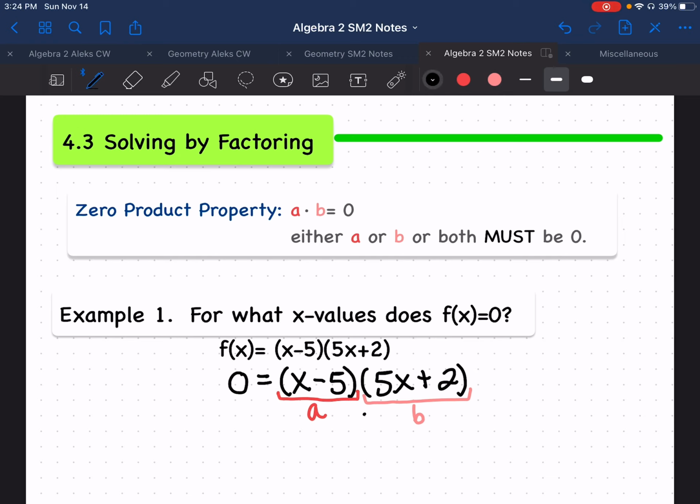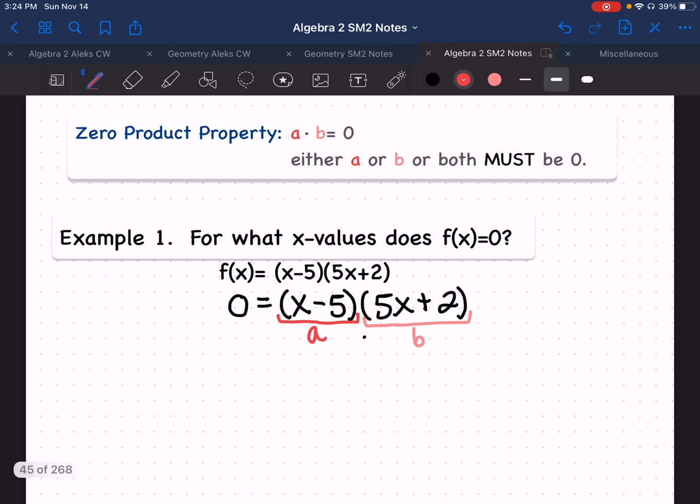And the property says that for them to equal 0, one or both of them must be equal to 0. So I'm going to take x minus 5 and set it equal to 0 and solve. Or the property says 5x plus 2 is equal to 0.